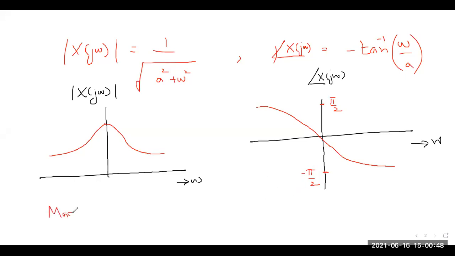So this is magnitude spectrum, and this graph is known as phase spectrum.